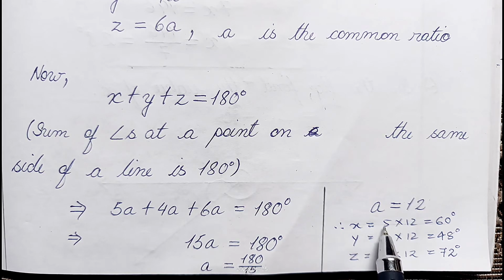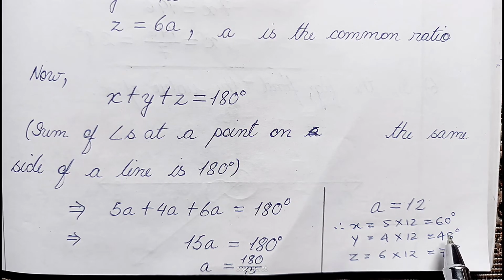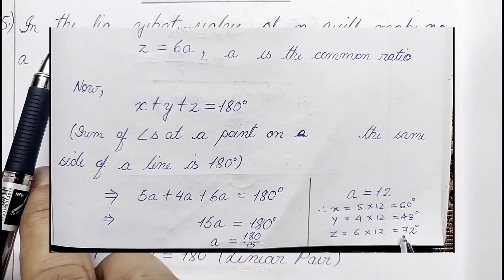Here x is 5a, so 5 into 12 will be 60 degree. y is 4 into a, that means 4 into 12, 4 12s are 48 degree. And z is 6a, 6 into 12, that will give 72 degrees. So the values of x, y and z are 60 degree, 48 degree and 72 degree respectively.